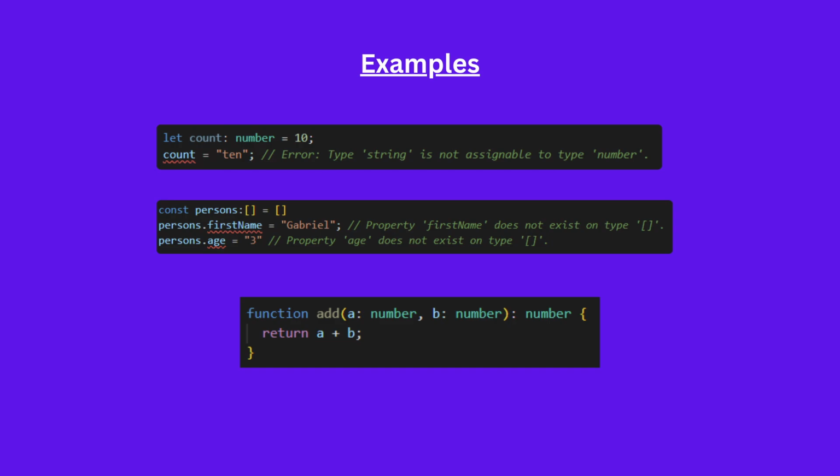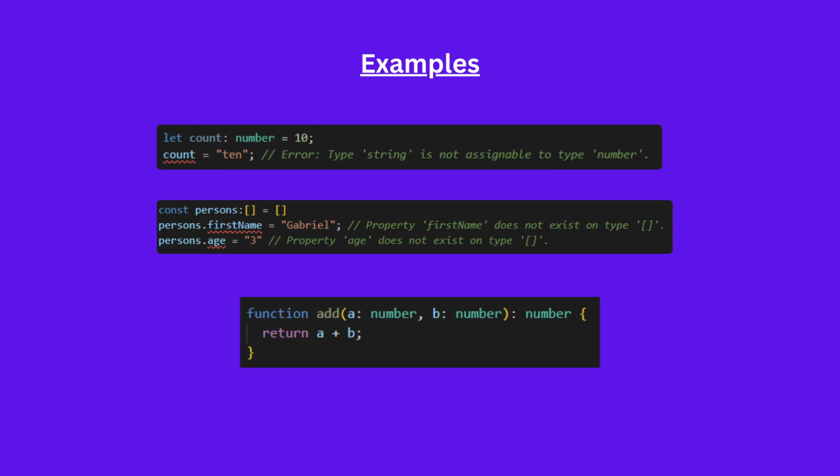error. In the second example, we define a simple persons array, which is empty initially. And as you can see, we are trying to define some properties on this array, but this cannot be possible because only objects can have this kind of properties.